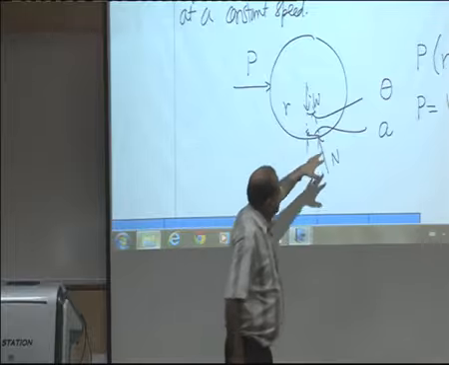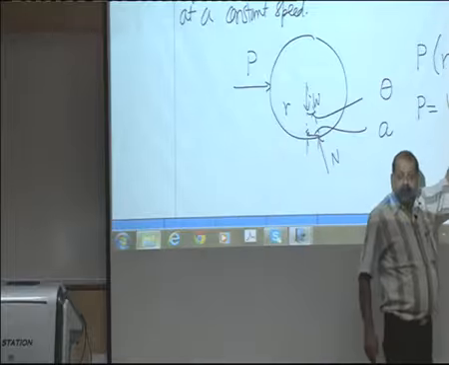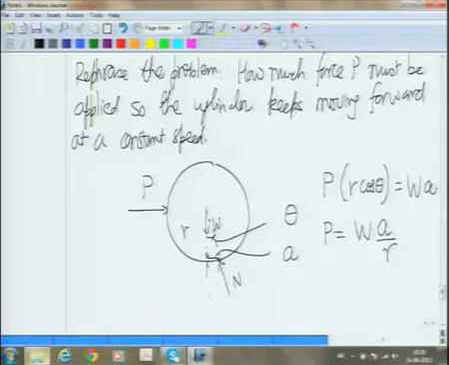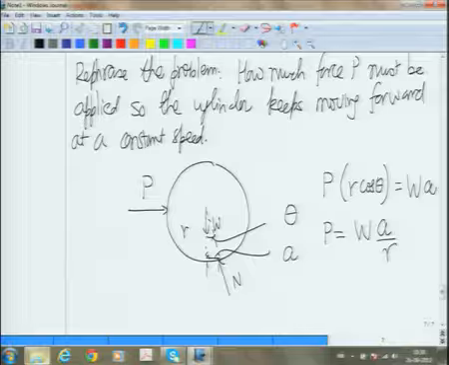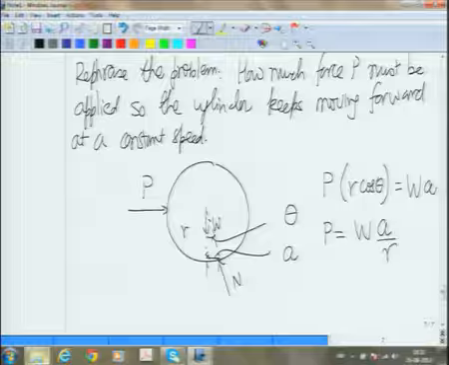So in books, when they talk of rolling resistance, instead of a/R, a is prescribed as the coefficient of rolling resistance, and that is prescribed with a length unit.